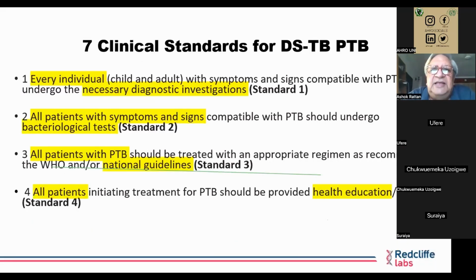Seven clinical standards for treatment or management of drug-sensitive pulmonary tuberculosis. One is every individual, child and adult, with symptoms and signs compatible with pulmonary tuberculosis should undergo the necessary diagnostic investigations.